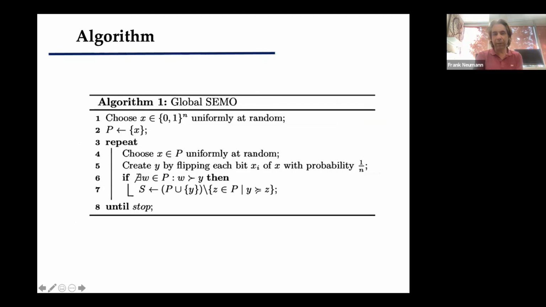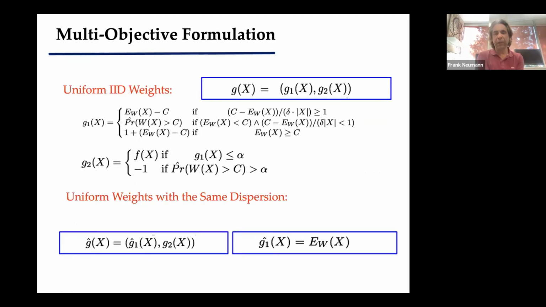And again, here's the global Zemo algorithm that we considered. And we did a multi-objective setup essentially that was saying, well, one objective is just the function value, the other is somehow violation in terms of the constraints. So you put the expected value on one axis, because we want to have small values of alpha.